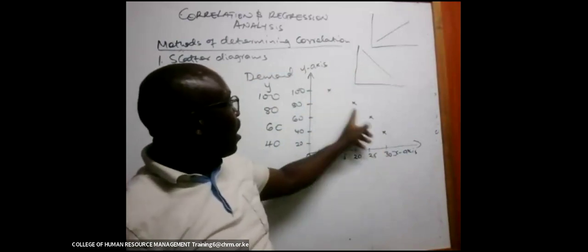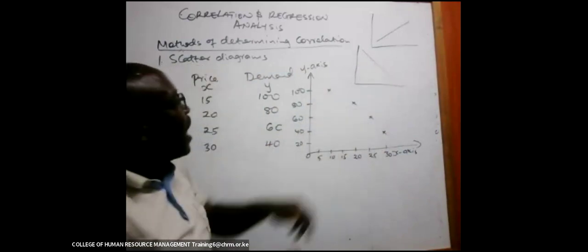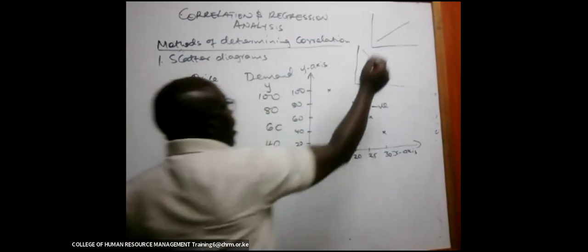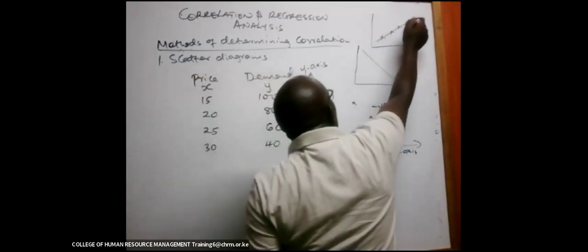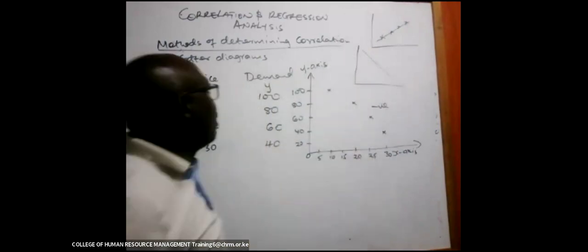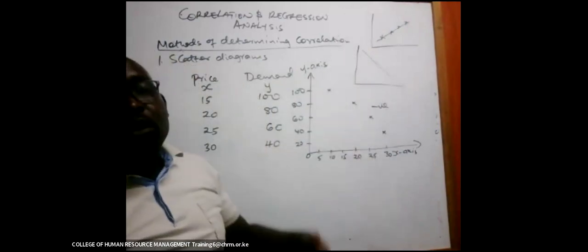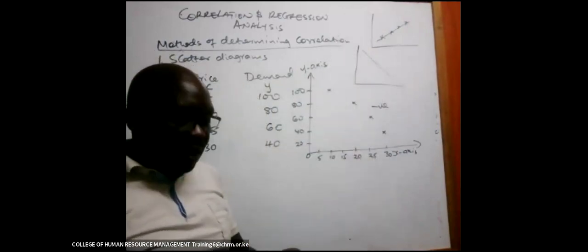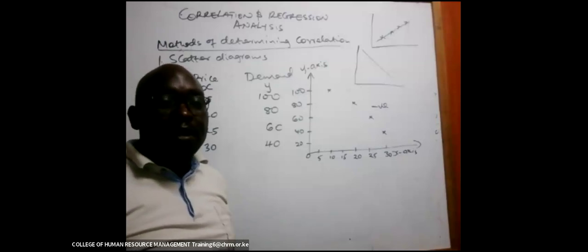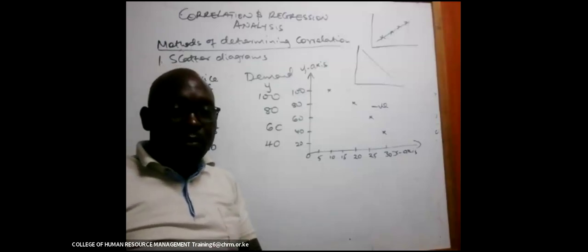If they are behaving like this, that tells you that this is a negative correlation. Between what? Between price and the demand. But if you plot your points and you find that they are having a kind of trend like that, then it simply means that they are having a positive correlation. And we say whether positive or negative, we have got different categories.